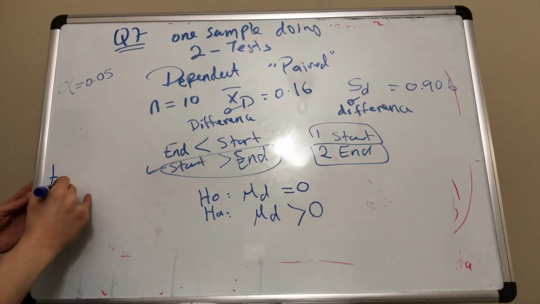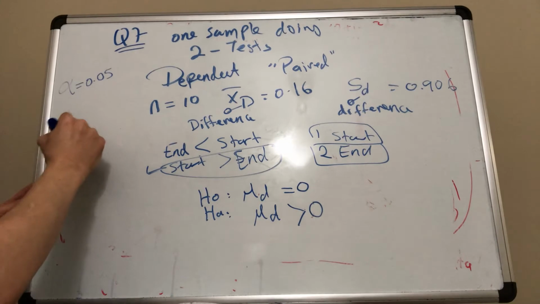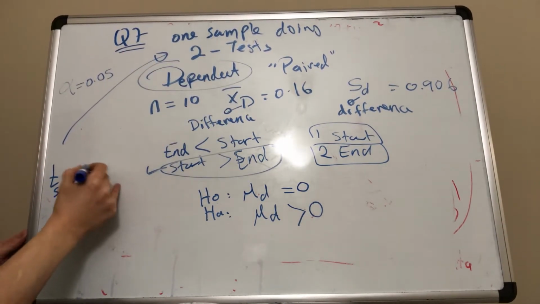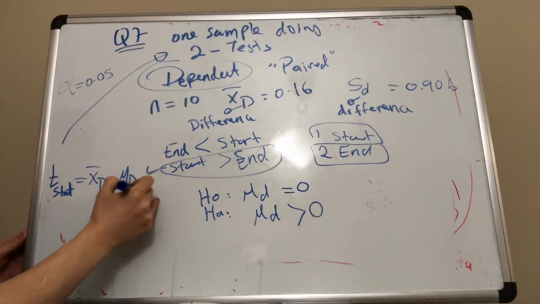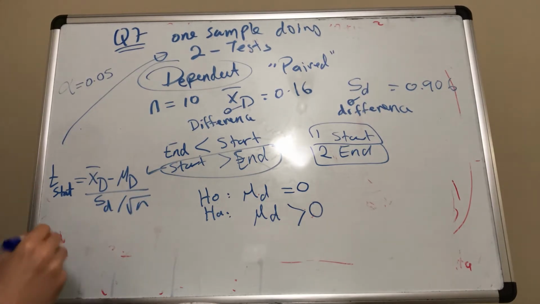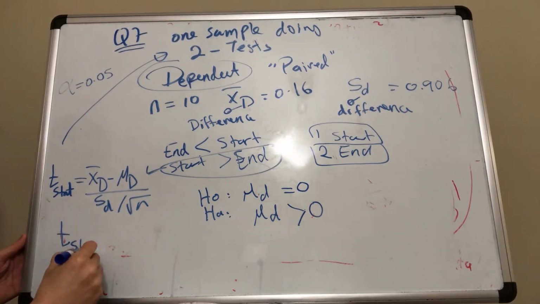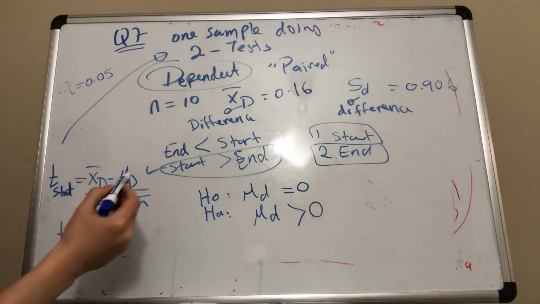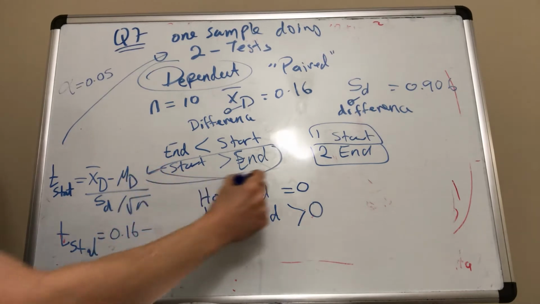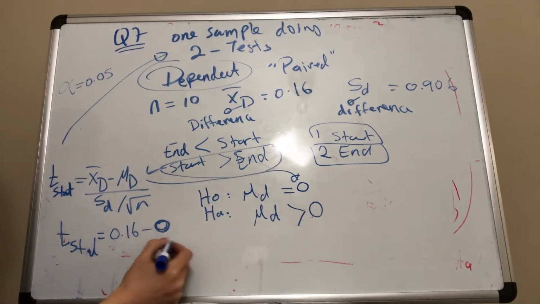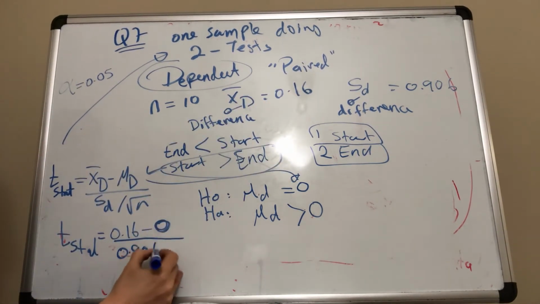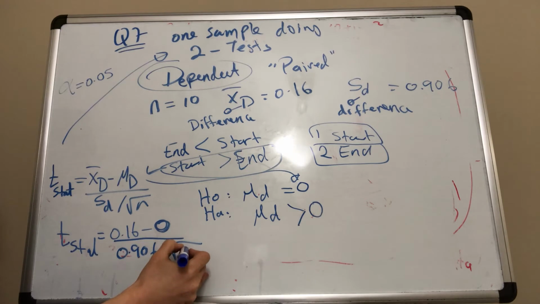The test statistic for a dependent system is the average d minus mu d, over sd over square root of n. You pretty much have everything. The average d is given. Mu d, according to this, is 0. SD is 906, and n is the sample of 10.